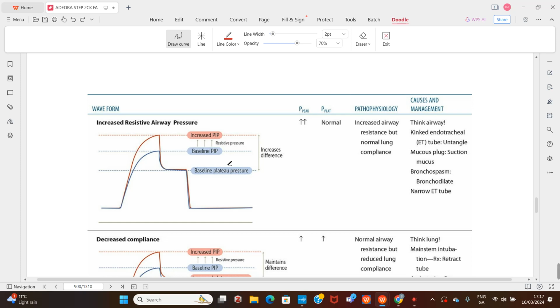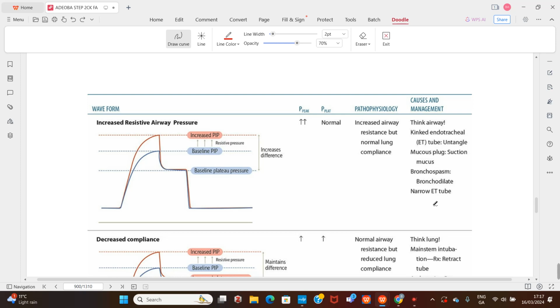So, for the diameter, let's say there's kinking of the endotracheal tube. A mucus plug occluding the endotracheal tube is going to reduce the diameter of the airway. Bronchospasm is going to reduce the diameter of the airway.